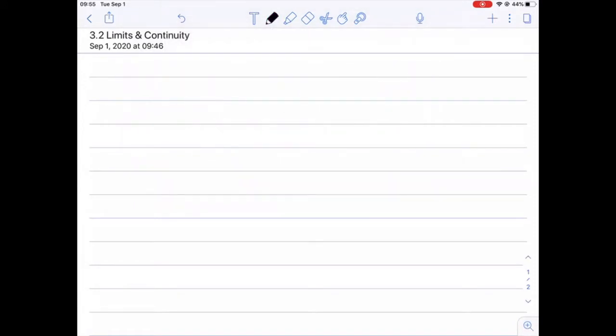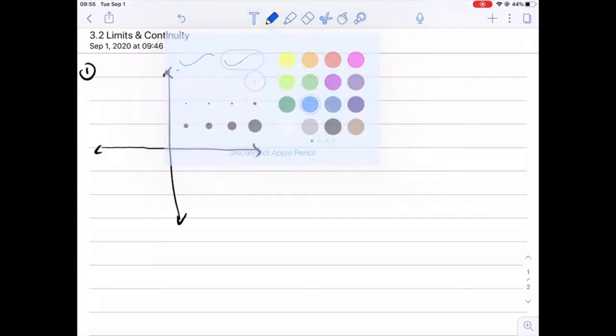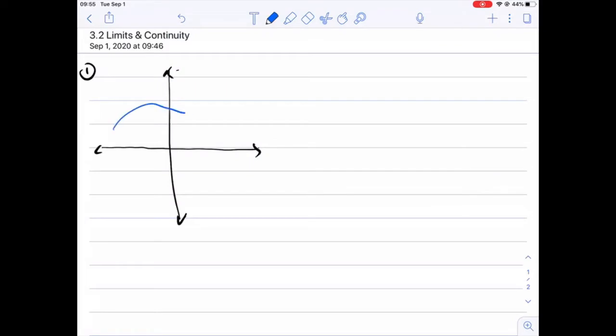Let's start with some graphs. The first graph, this is graph number 1, and the function, let me graph it in blue. This is f of x.